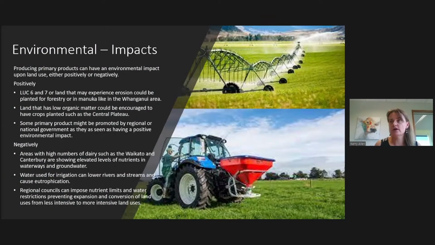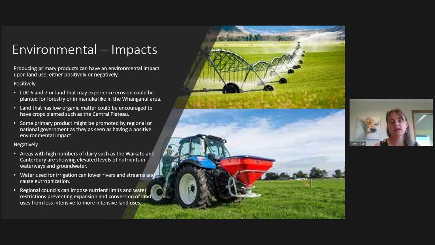So what are these environmental impacts? We can have positive impacts and we can have negative impacts. So when we look at growing our primary products, we need to be mindful of what we are doing to the land. So positively, some land should go back into products such as forestry or manuka for honey, etc., because they have high erosion.